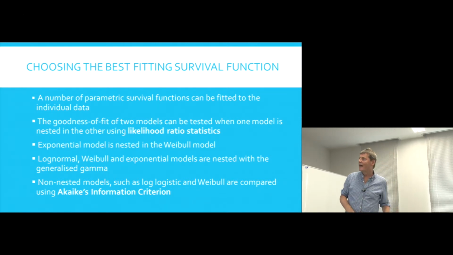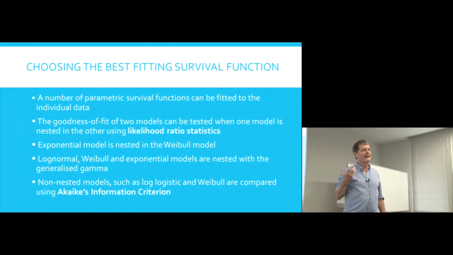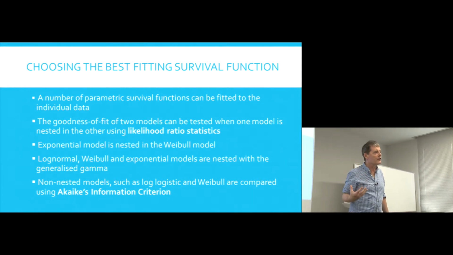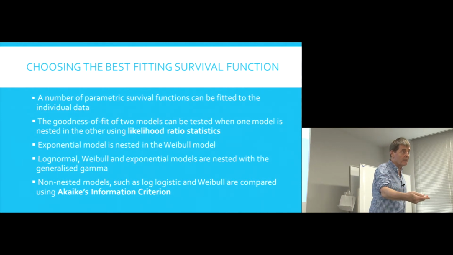And so it's probably not just enough to ask, in a statistical sense, which function fits the data best. You've also got to ask a question about the plausibility of the predictions. Which function gives us plausible, believable predictions about the future?